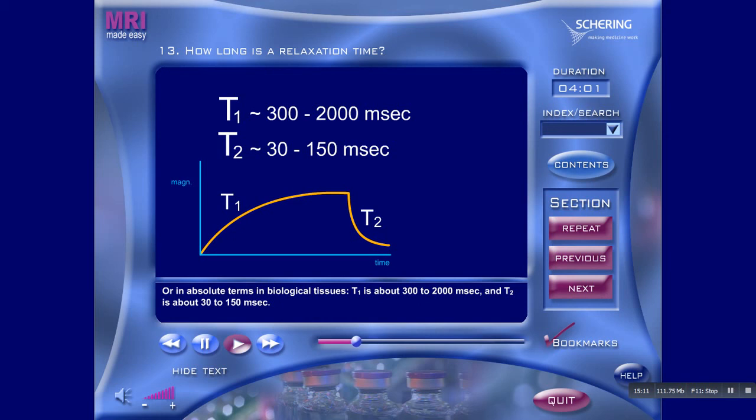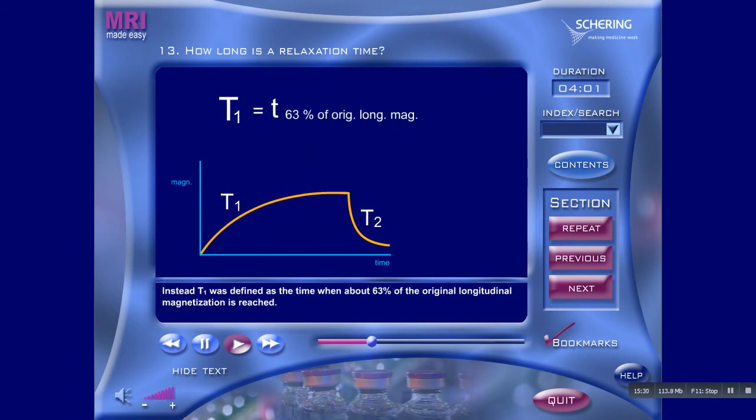It is difficult to pinpoint the end of the longitudinal and transversal relaxation exactly. Thus, T1 and T2 were not defined as the time when relaxation is complete. Instead, T1 was defined as the time when about 63% of the original longitudinal magnetization is reached.